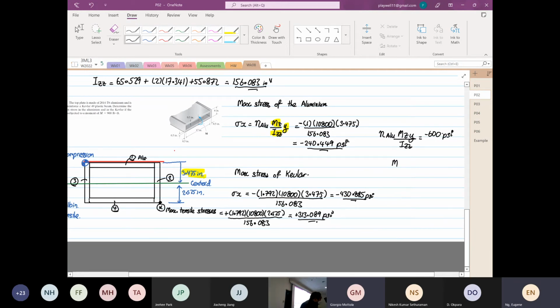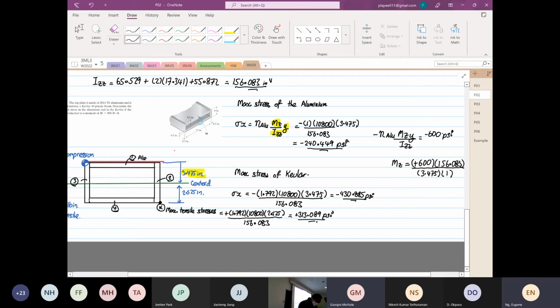The question by the student, if the stress is given, how to, so all you need to do now is Mz is equal to minus 600, right? Multiply by, so because both sides are negative, right? So it will become positive. So it's good. 600 multiplied by Izz is 156.083. Then divide by your y, which is equal to 3.475.